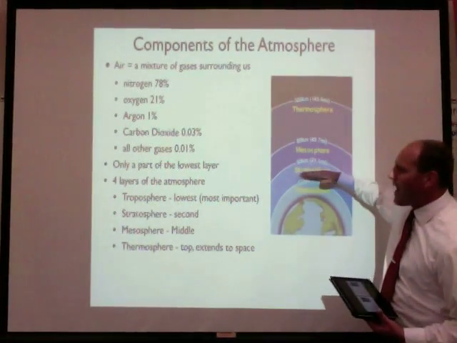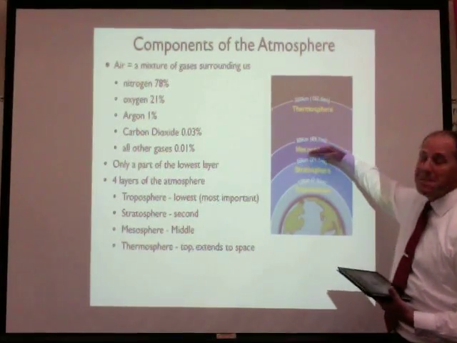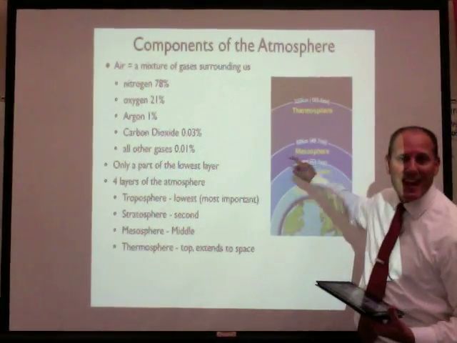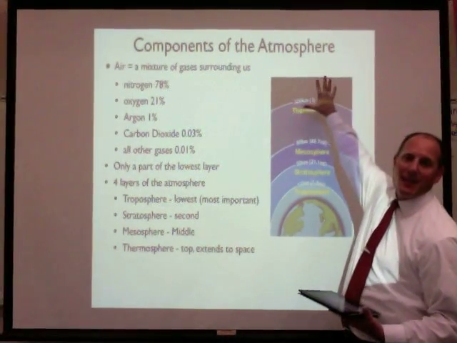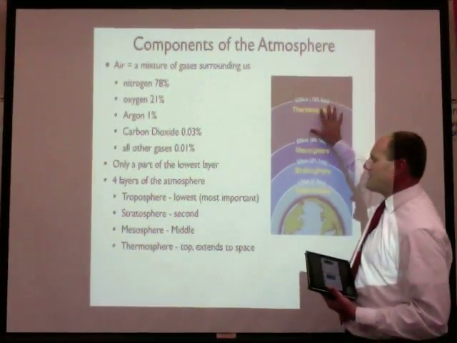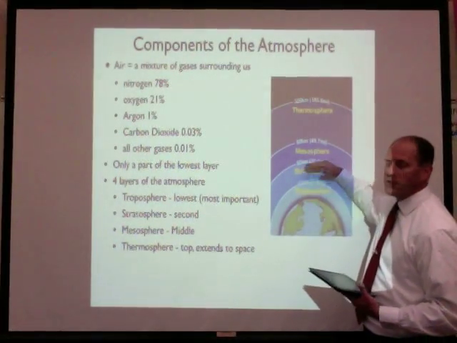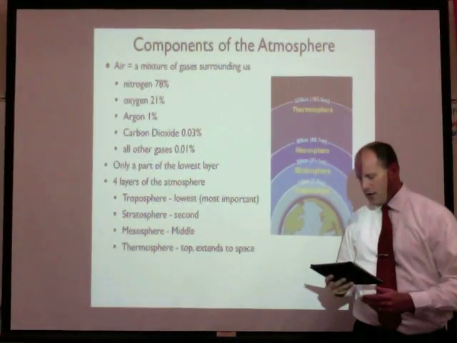We have the stratosphere. That's the next layer moving up away from the Earth. The mesosphere, I remember mesosphere, it's in the middle, so we use that M. And then the one where all the heat escapes out into space, that's our thermosphere. So troposphere, mesosphere, stratosphere, and thermosphere.